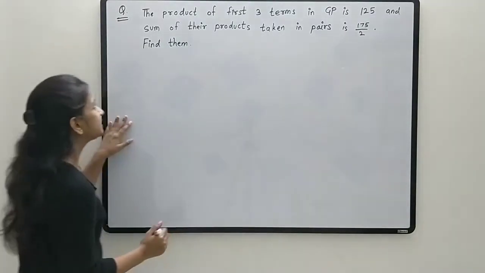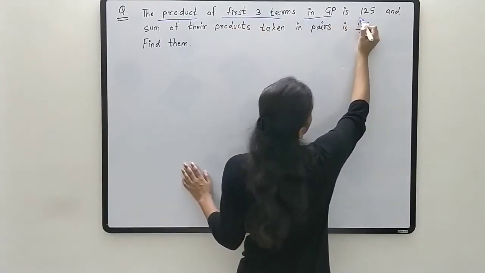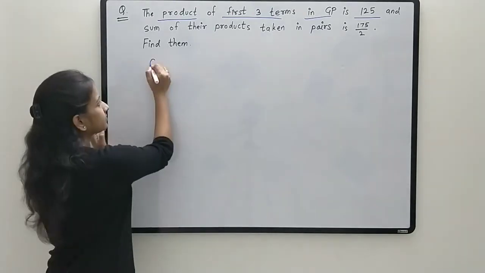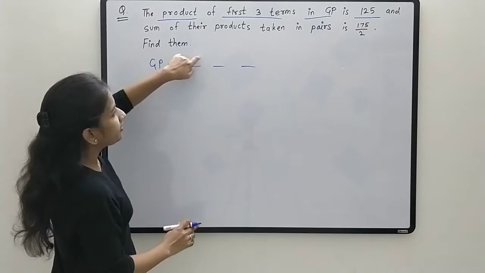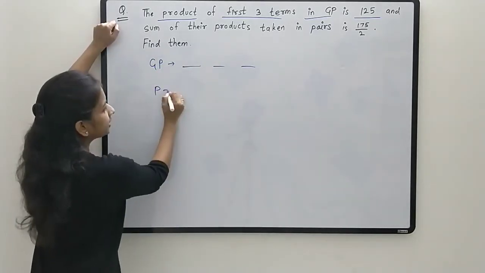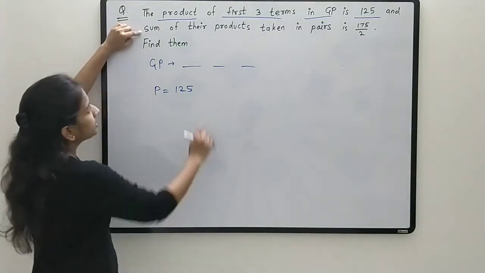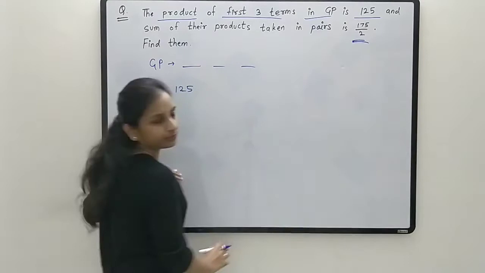In this problem, what is given? The product of first 3 terms in GP is 125. See, there are 3 terms in GP, and the 3 terms can be anything. The product of the 3 terms is 125. This is given. The sum of their products taken in pair is 175 by 2.